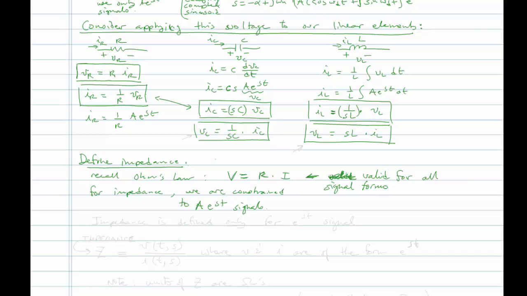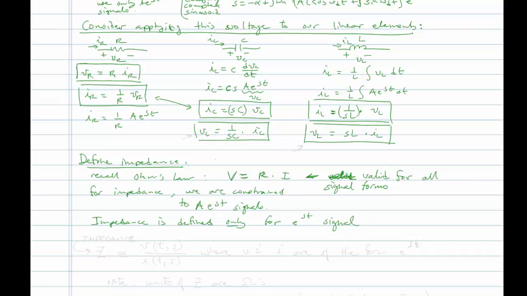In fact, impedance is defined only for e to the st signals. It has no meaning for other types of signals.